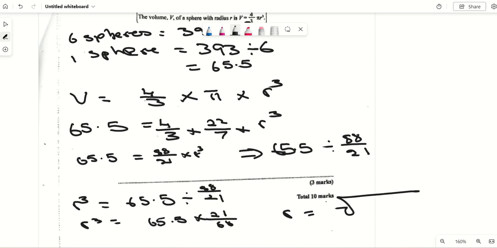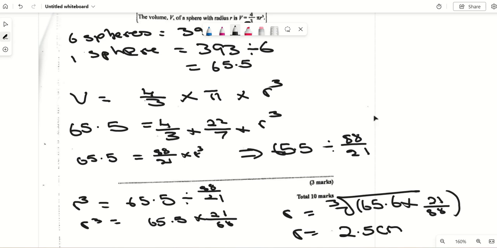So the cube root of (65.5 multiplied by 21/88), and when you do that, you'll get your radius to be 2.5 centimeters. And that is how you would answer this question.